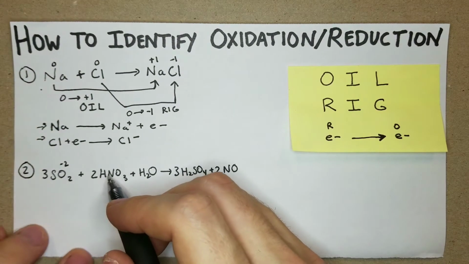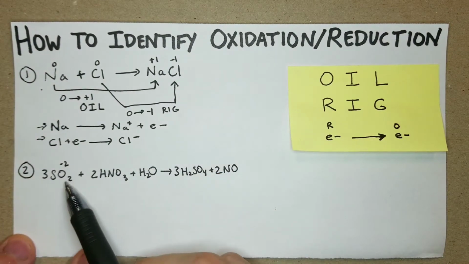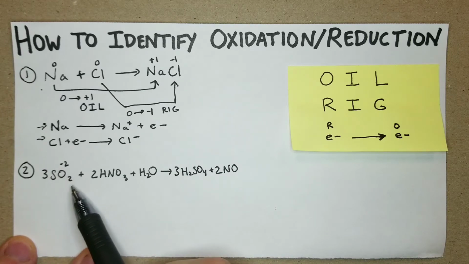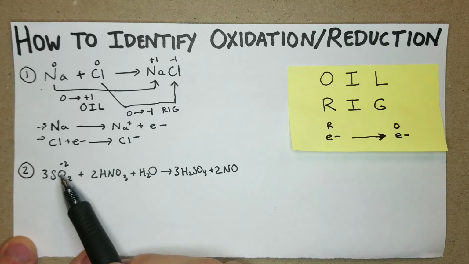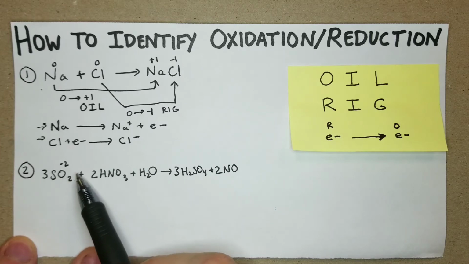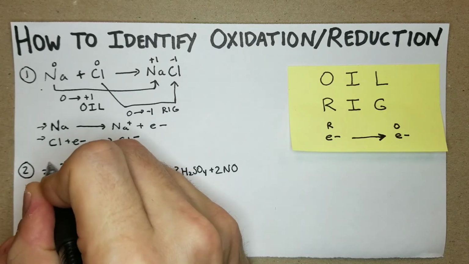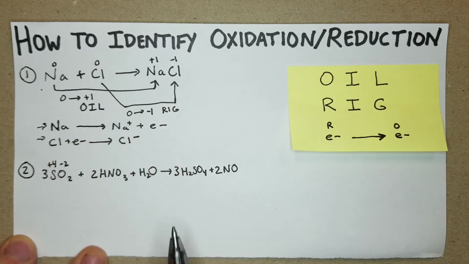So that's kind of lucky. Then this whole compound here does not have a net charge, so we can assume that it's neutral. That being said, if each oxygen is -2, 2 times 2 is -4, that means this S must be +4 in order to neutralize this compound here.